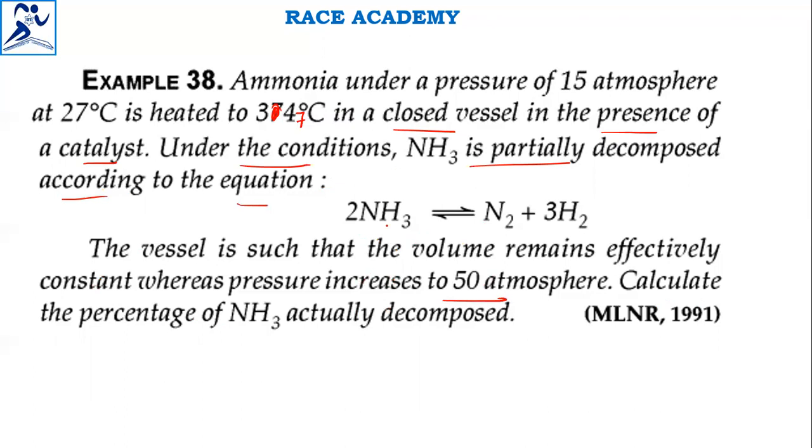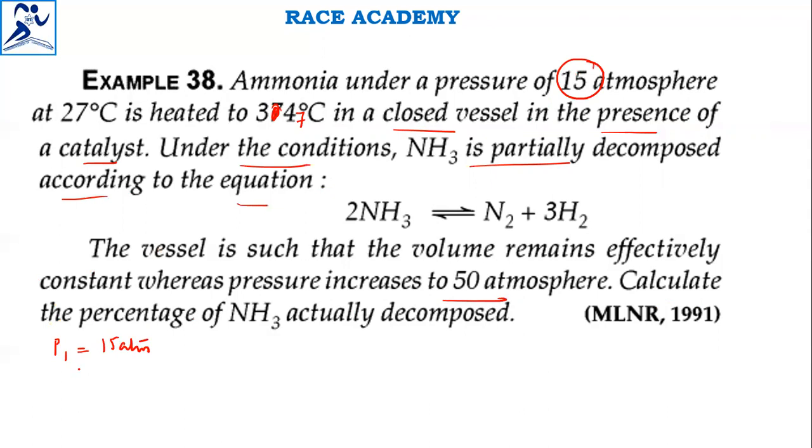Right. In this question, we have a few things that need to be remembered, that is nothing but the pressure value. So our pressure value, 15 atmospheres, is given at 27 degrees Celsius. If you take that as P1, that is equal to 15 atmospheres.